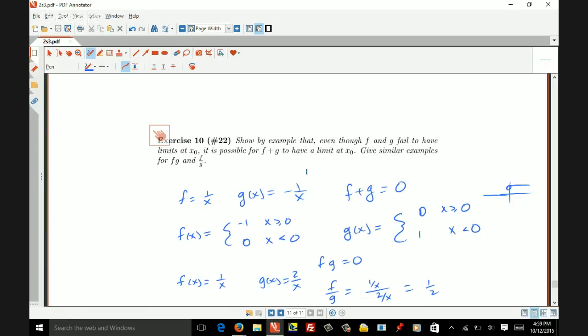Then I know that there is a delta n greater than 0 such that x naught minus delta n, x naught plus delta n is a subset of q sub n.